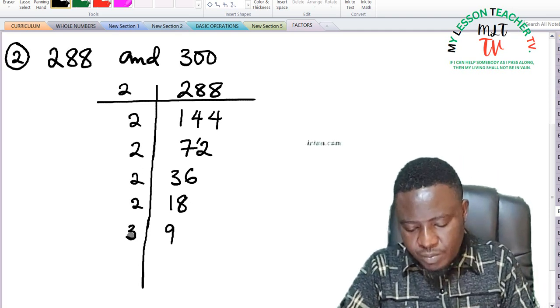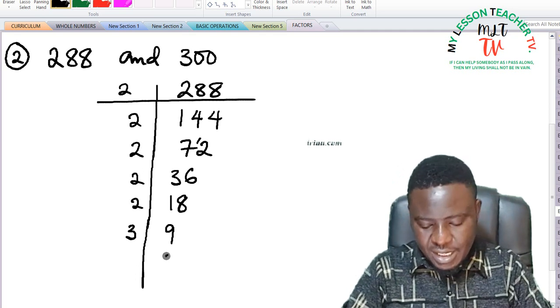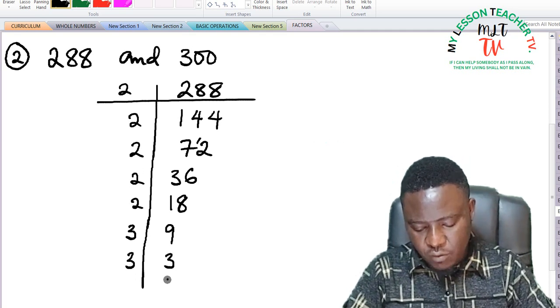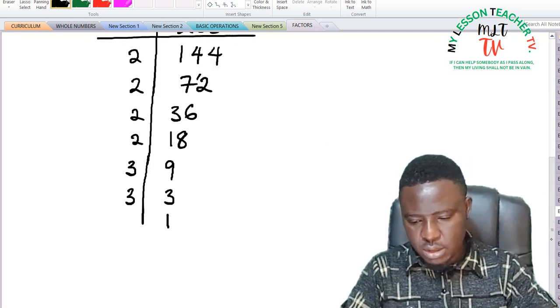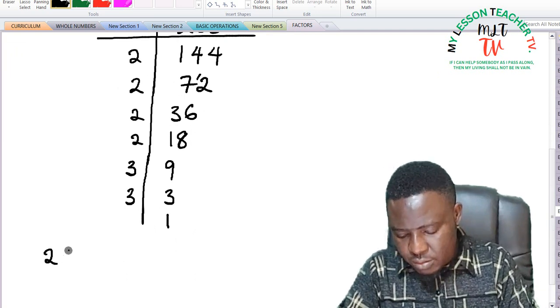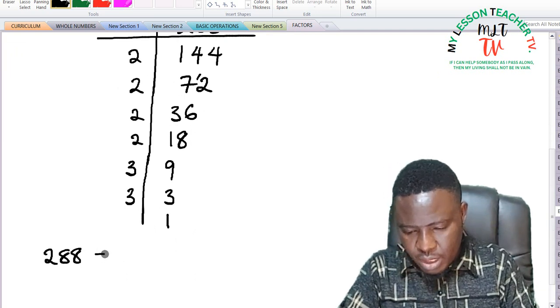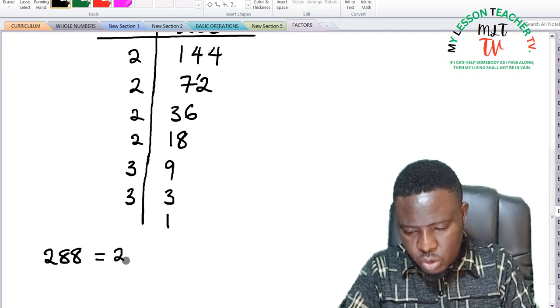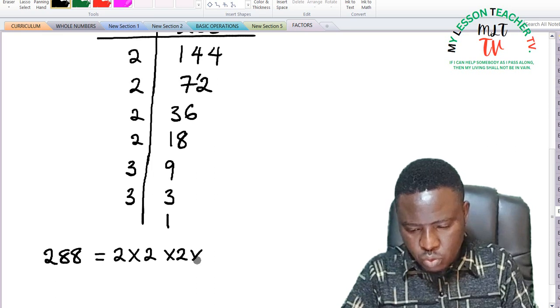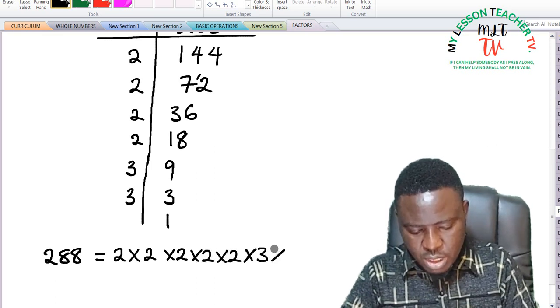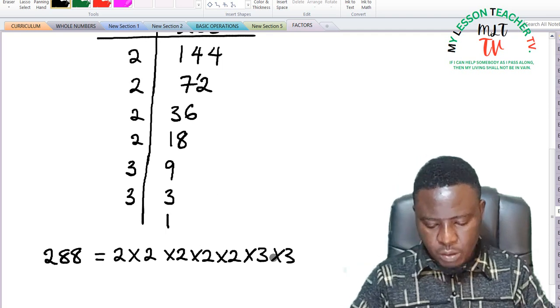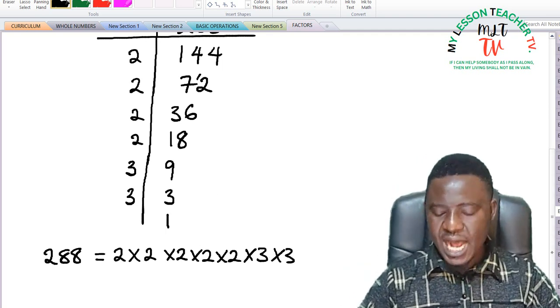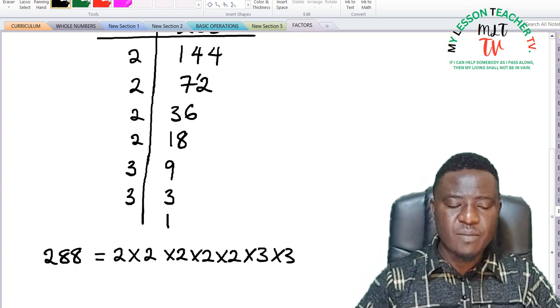So 3 can divide 9 three times, and 3 can divide itself once. So 288 can be expressed as a product of its prime factors: 2 times 2 times 2 times 2 times 2 times 3 times 3. So we have expressed 288 as a product of its prime factors.